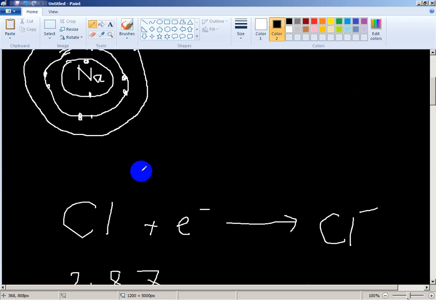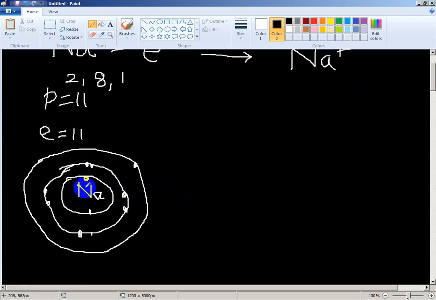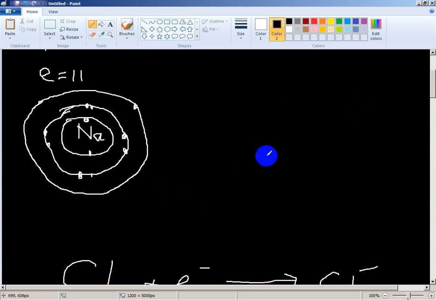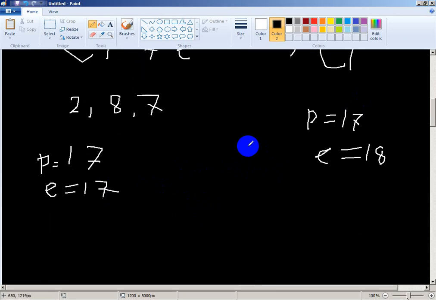Okay, this is the dot and cross diagram of chlorine.